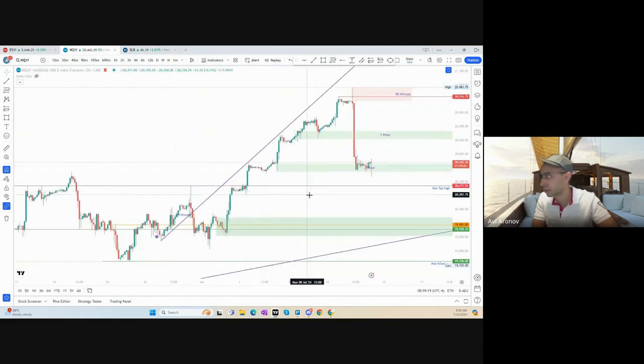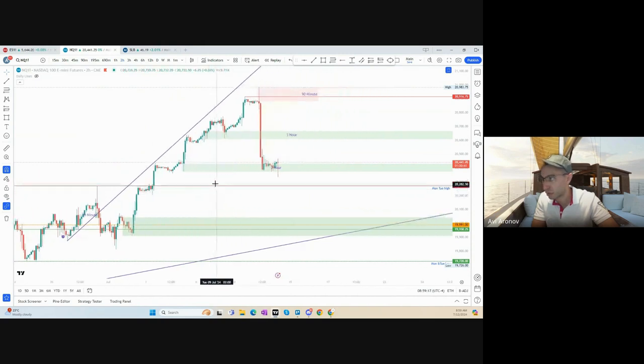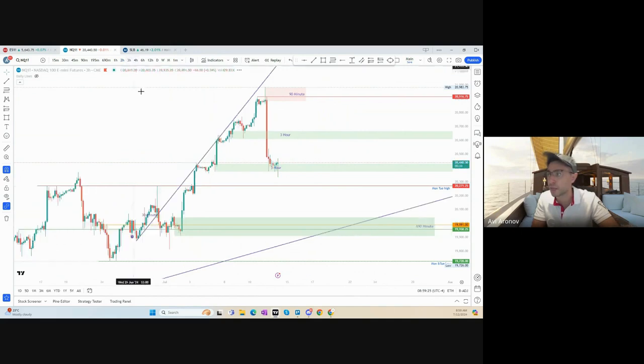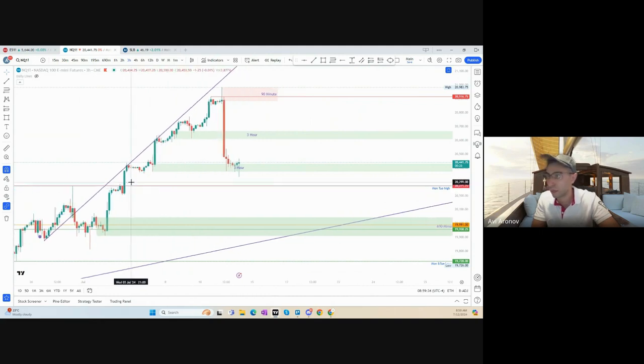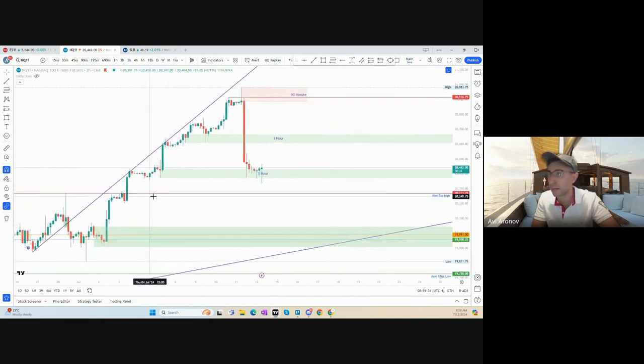There is 2 hours right here, which we have the 690 much better. We have the 3 hours, but the wick is not as good. We have here right by the high, I mean, by Monday and Tuesday high, support and resistance as well.